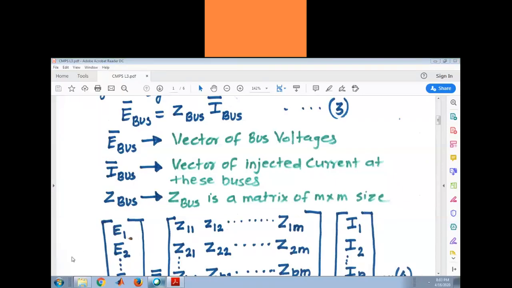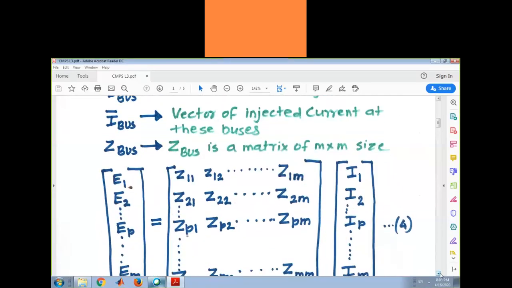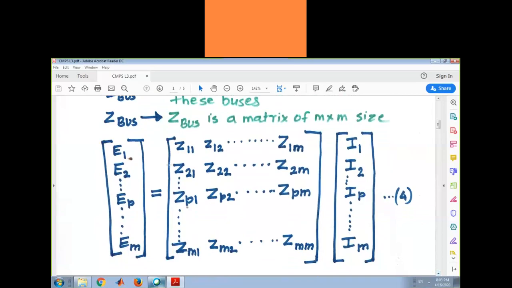If you see the detailed equation, it is equation number 4: E1, E2, E3, E4, En, Em are the bus voltages, I1, I2, I3, In are the injected bus currents, and this is the Z bus.